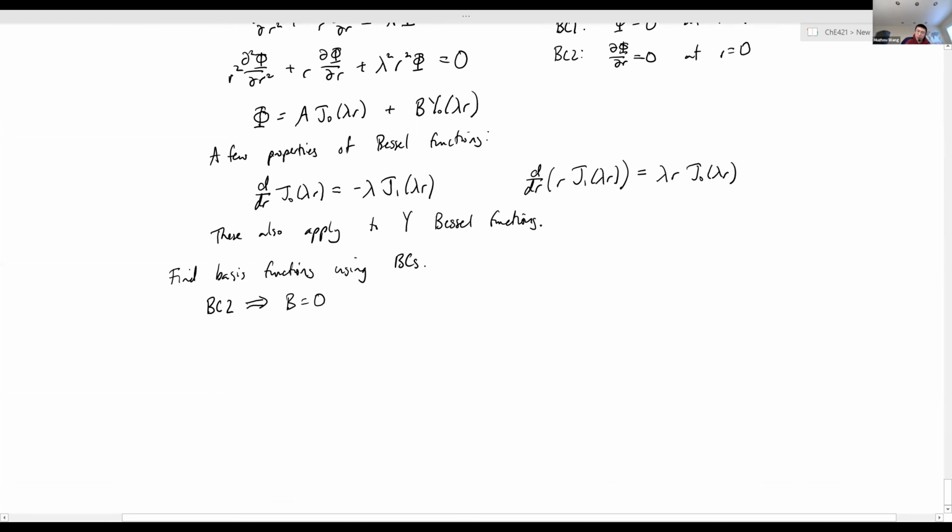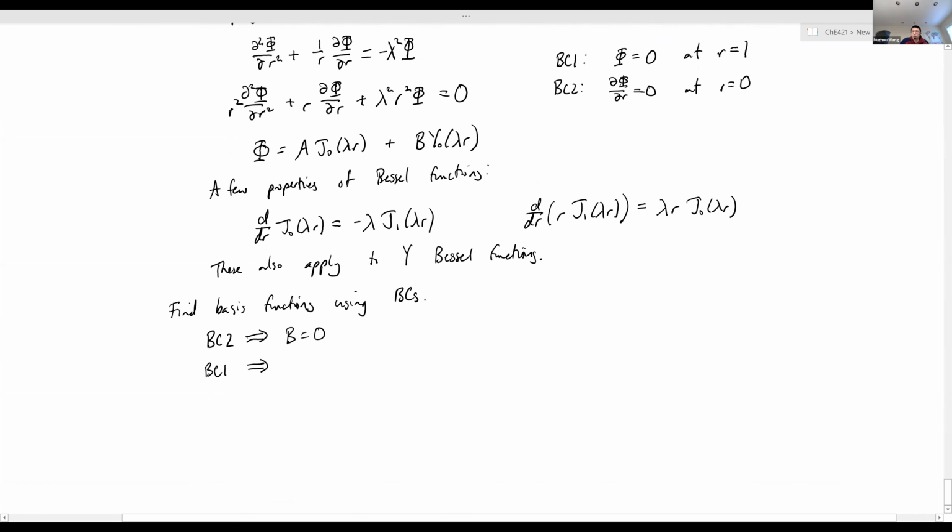BC1 then implies that phi is equal to 0 at r equals 1. So what we have then is phi, on the left-hand side of this equation, equal to a times J0 of lambda.